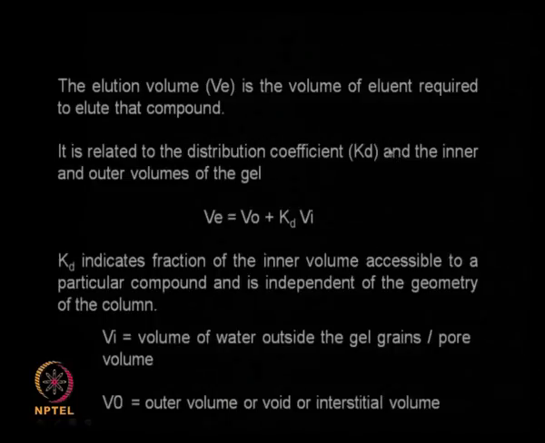Now Kd depends upon the geometry of the column, the geometry of the packing and so on. So for different values of Kd the elution volume can change. So Kd can be 0 or Kd can be 1 or Kd can be in between 0 and 1 and so on.